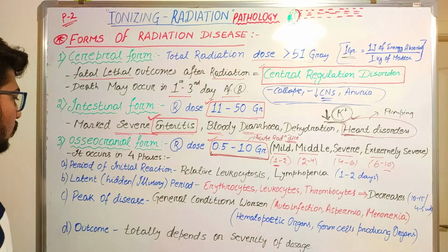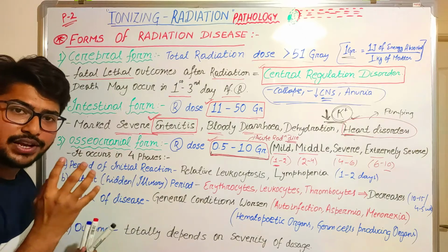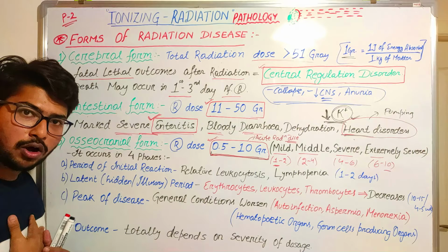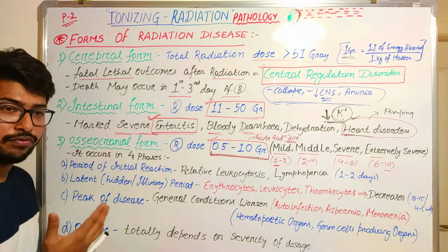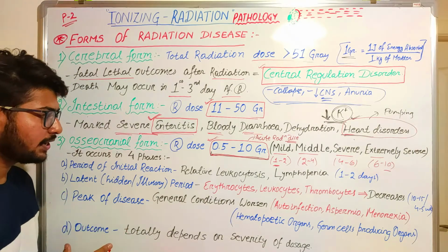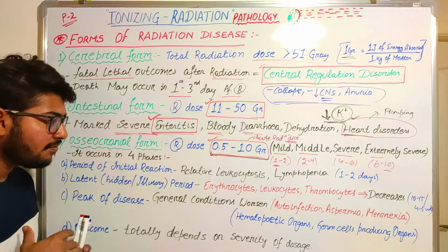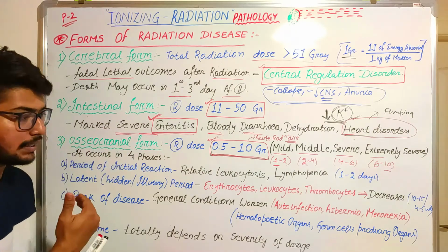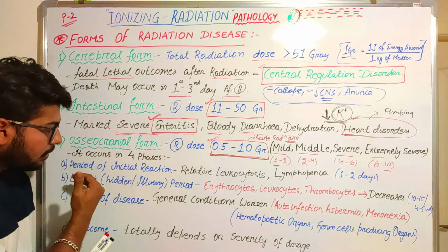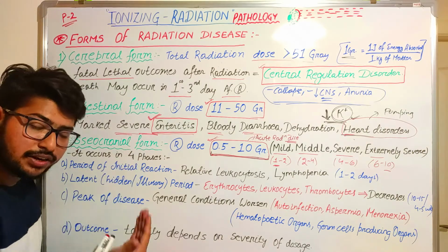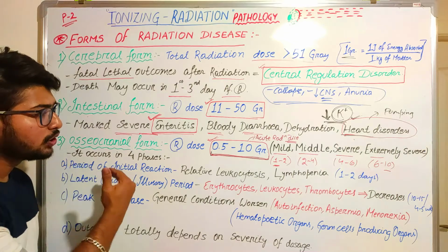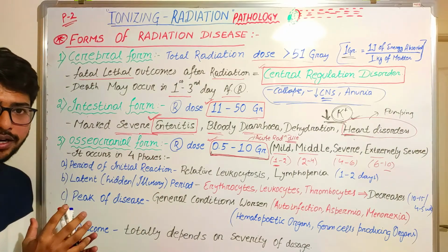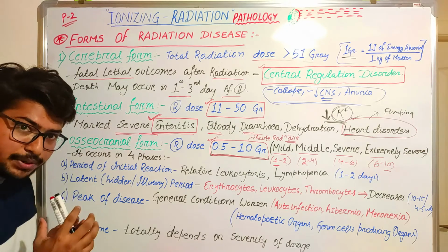Okay, so this osteocranial form exists in 4 phases. During any kind of disease occurring to our body, it also has 4 phases, and I have already said that in the same fashion, this osteocranial form of radiation disease will occur in 4 phases. There will be appearance of initial reactions to our bodies to the radiations. Then there will be some latent or hidden period of the same disease.